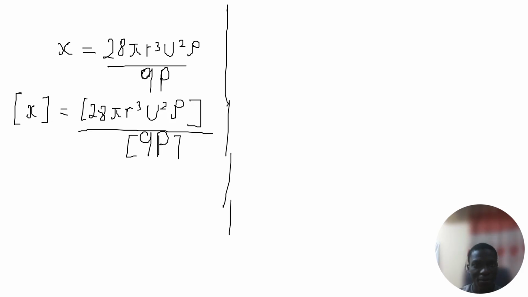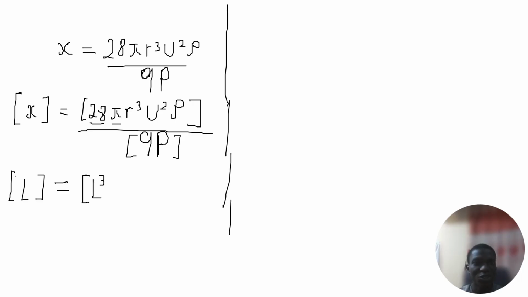Here, what's the dimension of x? That's L. So this should give us L, and this should be equal to, now what is the dimension of 28? 28 is just a constant, a pure number. Pure numbers are dimensionless. I would say they have dimension of unity, that's 1. So 28 pi are pure numbers, so their dimension is unity. Then r is a radius, so its dimension is L, and we have r raised to power 3.